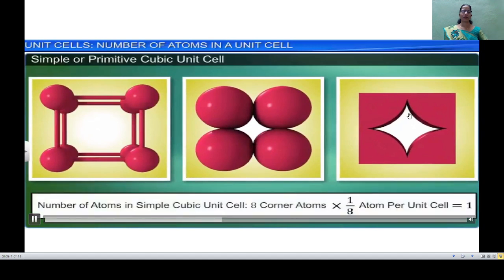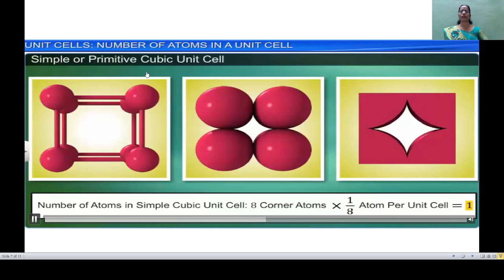If you see the front face of this unit cell, you will observe that each corner particle gives its 1/8 contribution to that unit cell, and therefore the number of atoms in a simple cubic unit cell is equal to 8 corner atoms multiplied by 1 divided by 8 atom per unit cell. Here you will get the answer as 1. Thus actually in the simple or primitive cubic unit cell, the number of atoms is 1 and not 8.